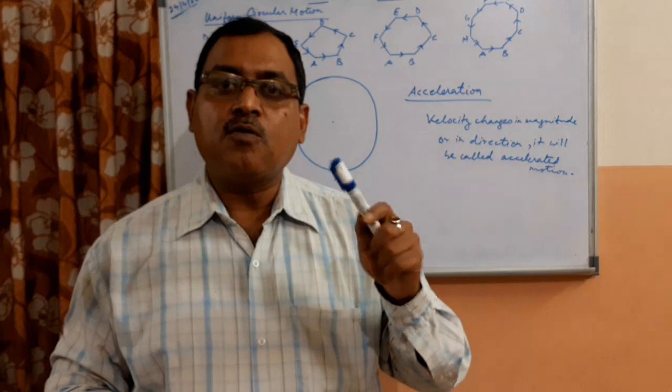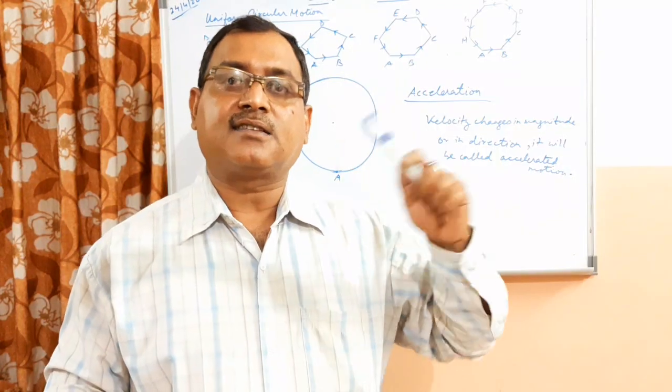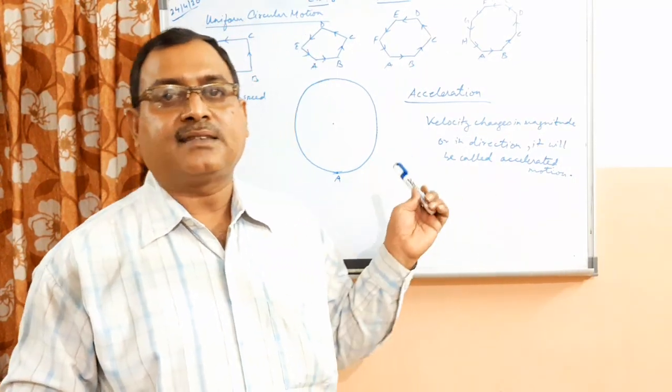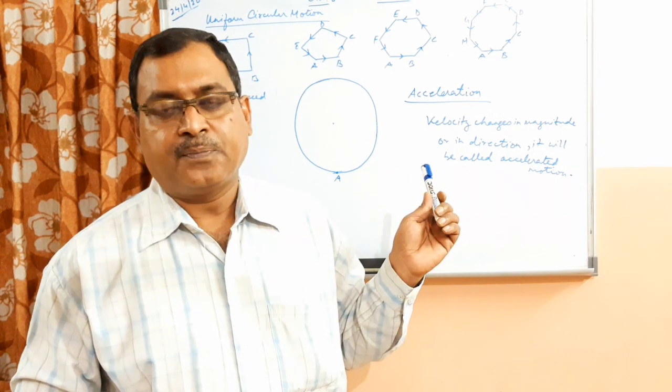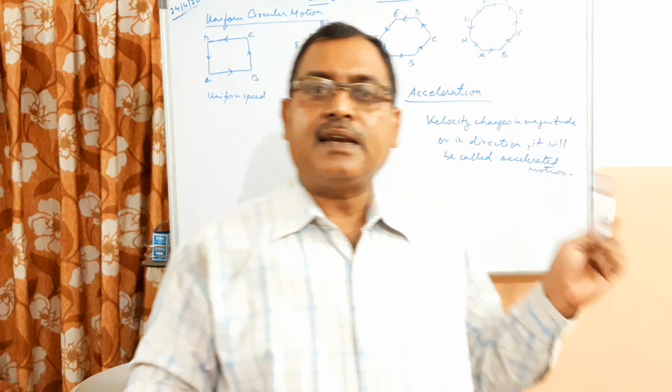Hence, a body moving in a circular path is an example of accelerated motion. Right? So, this is an example.